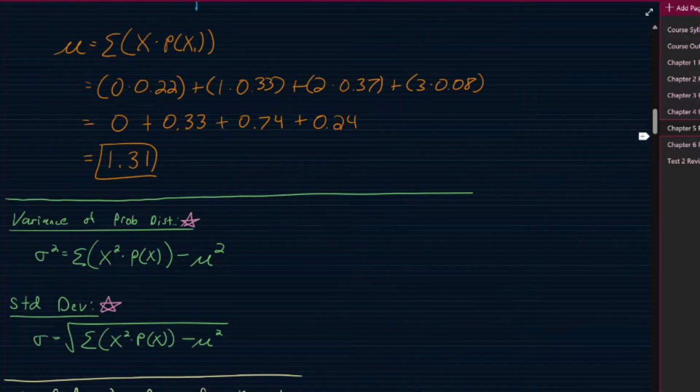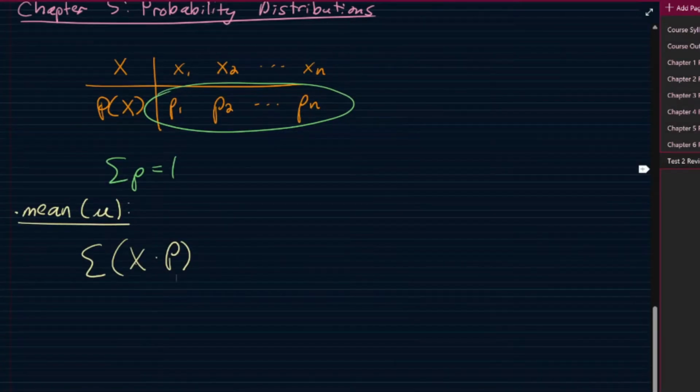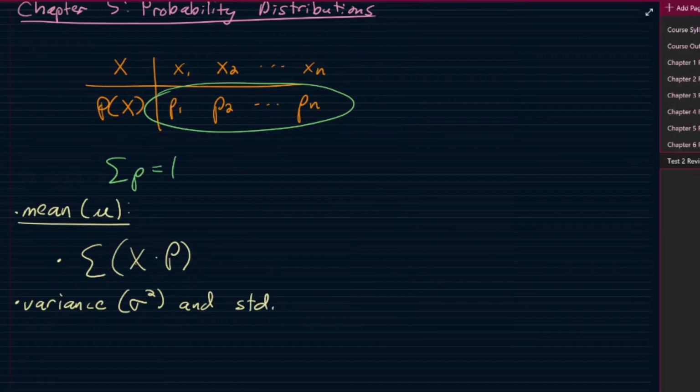And then we also definitely have formulas that you've got to know how to use. We've also got the variance, of course, and the standard deviation. Remember, the variance is sigma squared, and the standard deviation is just regular old sigma.